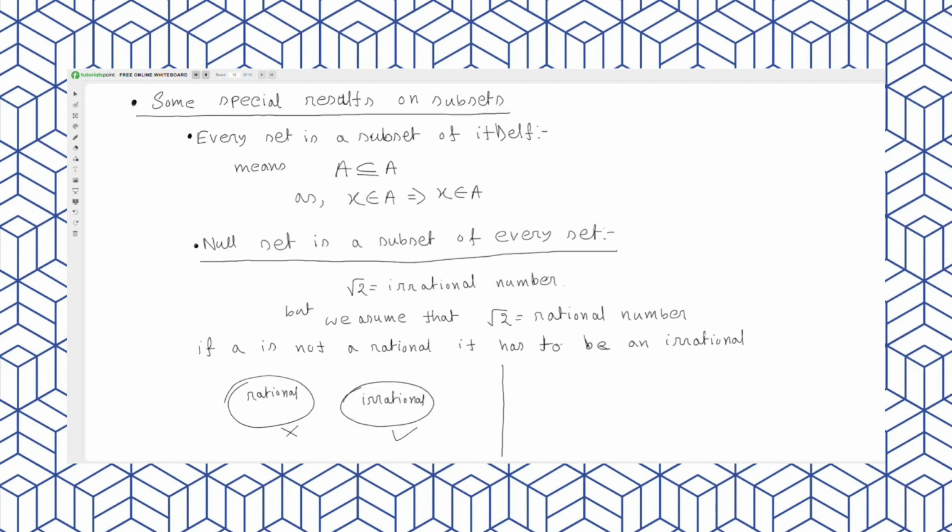Similarly, according to our proof, there are two cases. One is null set is not a subset of A, and another is null set is a subset of A. These two cases are opposite. If case 1 is false, then case 2 has to be true. Our target is this. So let null set is not a subset of A, and just assume it true. We have to prove that our assumption is wrong.